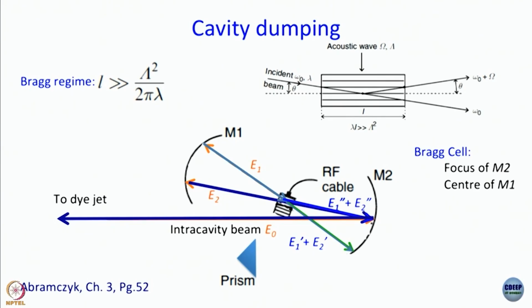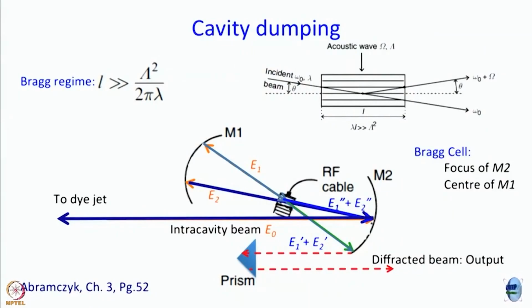When the beam came from the dye jet and hit M2, there was only one spot. But since the Bragg cell has performed a diffraction, the beams that come back create an additional spot which is associated with the field E1 dash plus E2 dash, right.